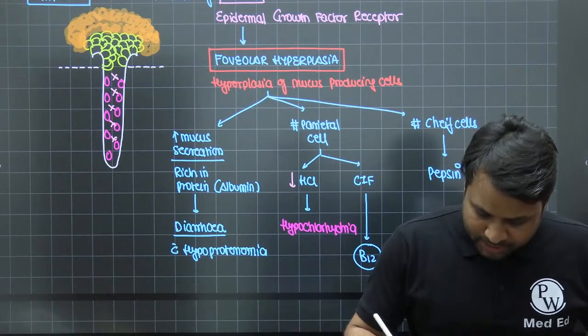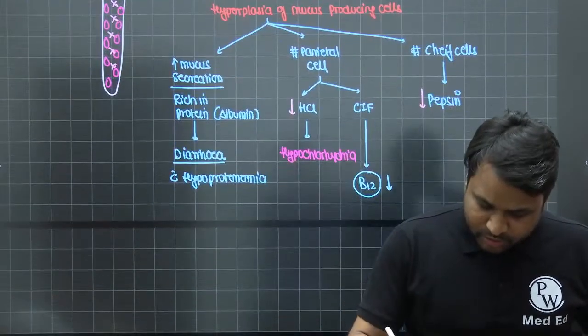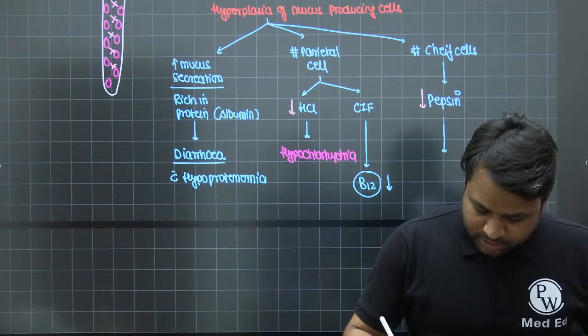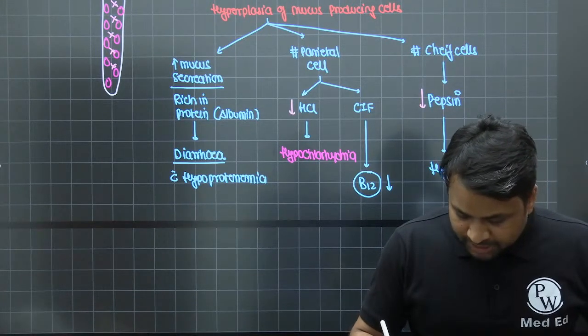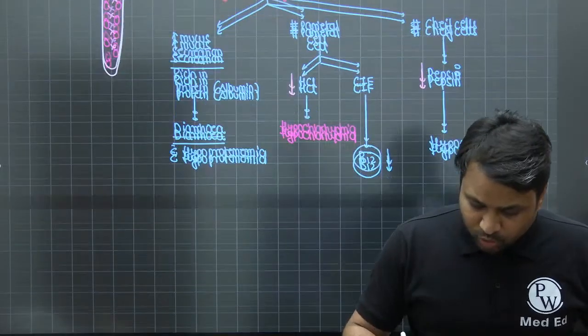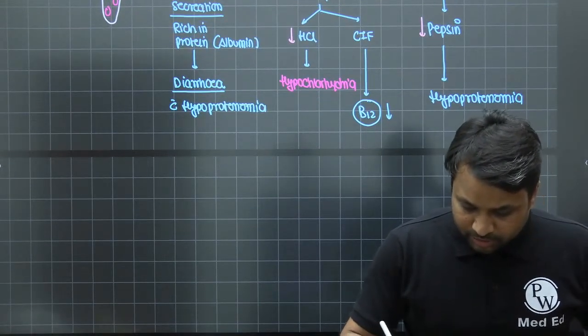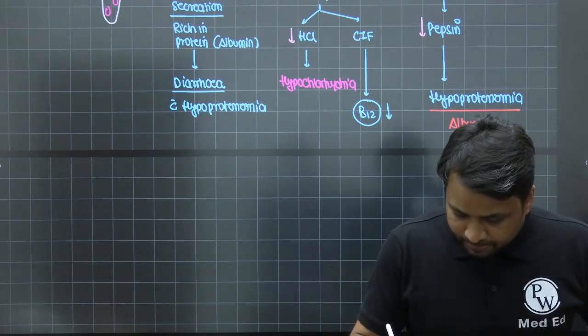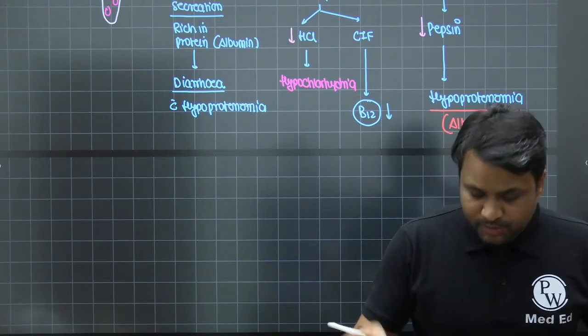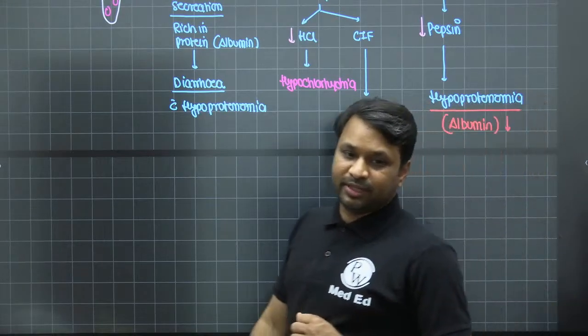Now, when the pepsin is going to reduce, this is going to cause decreased protein absorption, resulting in hypoproteinemia. Now, this hypoproteinemia is usually seen more commonly in albumin. This will usually be associated with albumin deficiency.